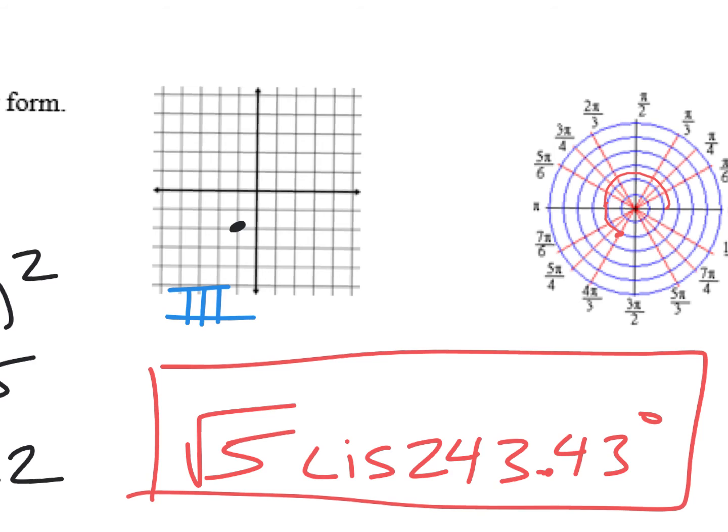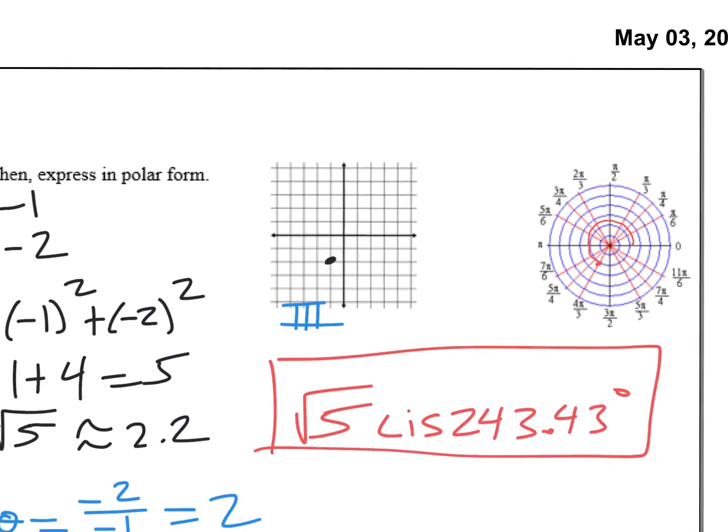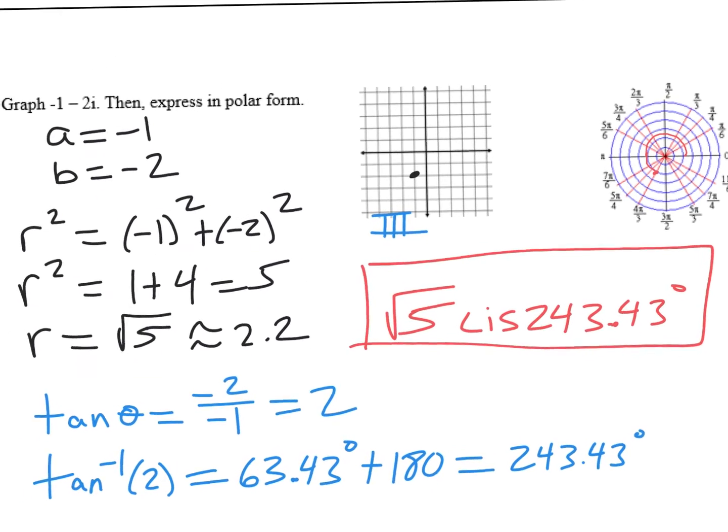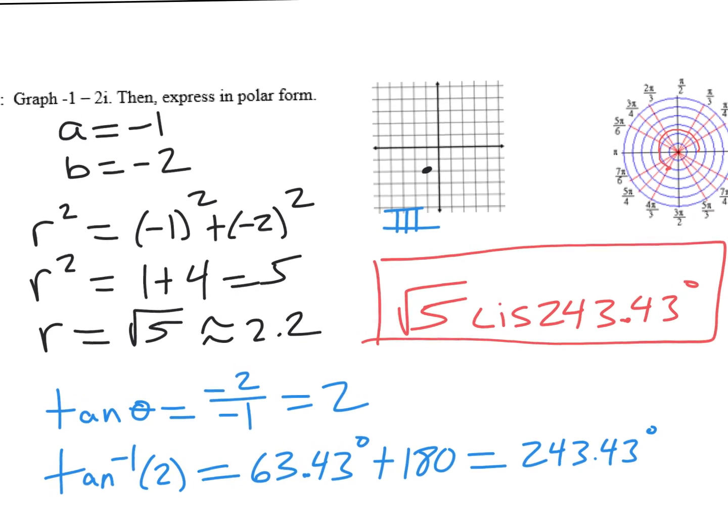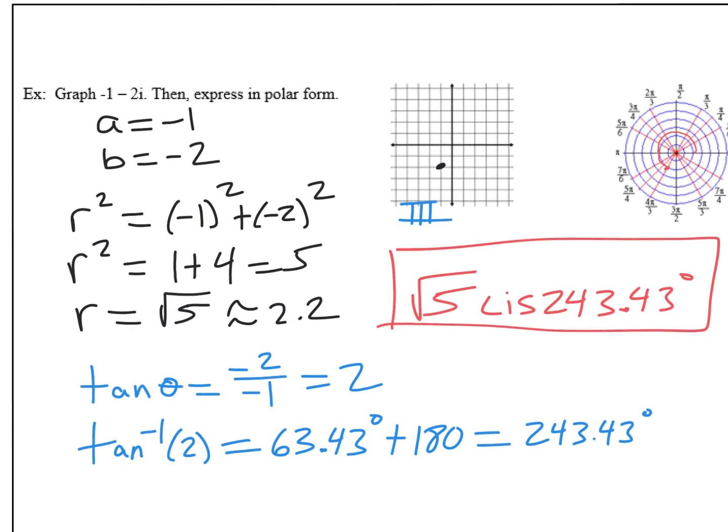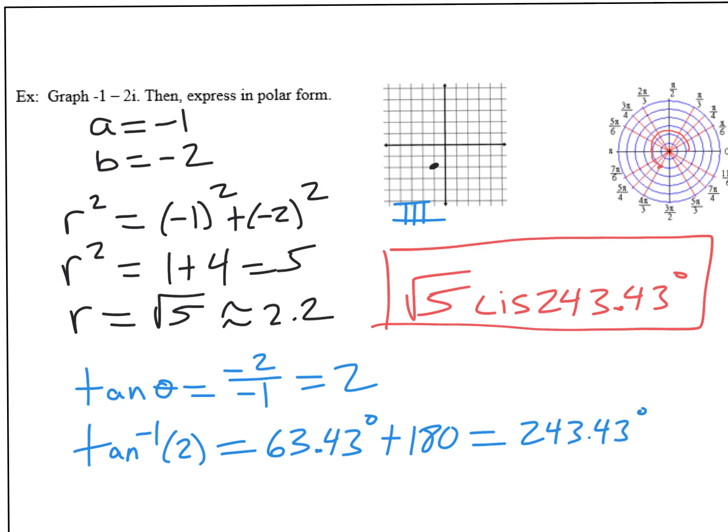If I zoom that out and compare it to the one before, I kind of mentioned this was coming. This number and this number are the same thing. If you were to overlay those two graphs, you would see they're in the exact same spot.